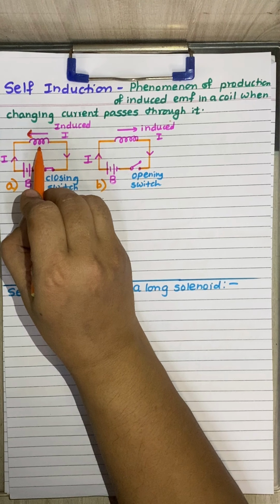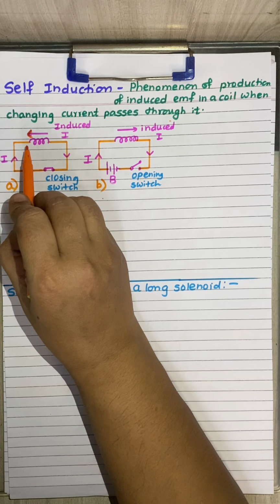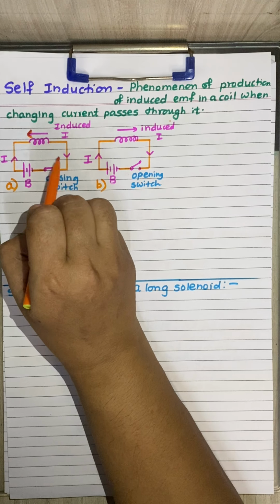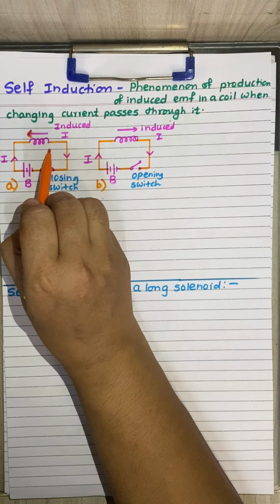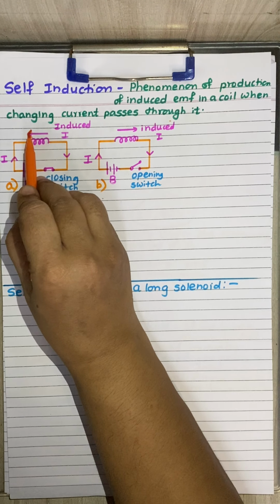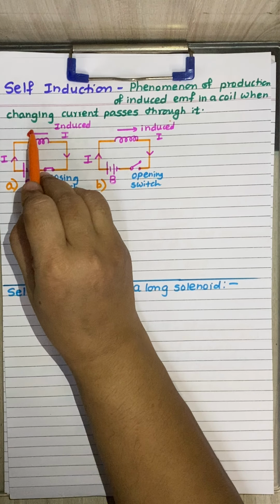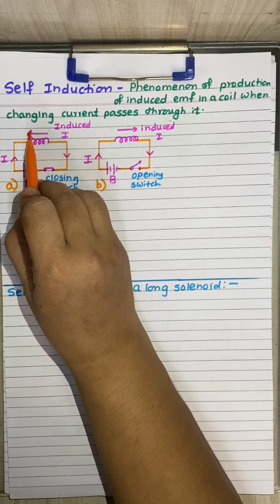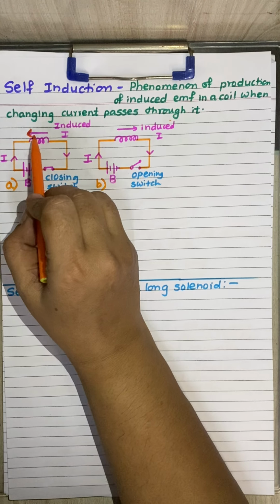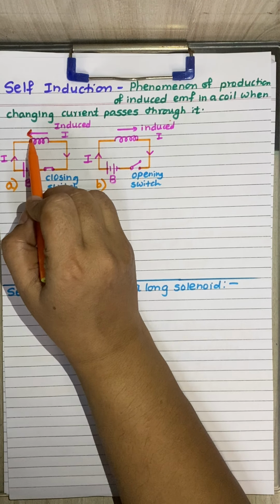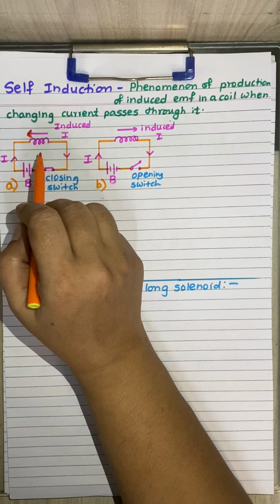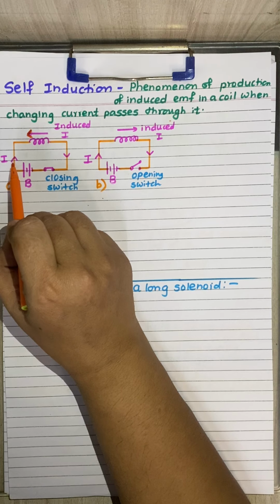The flux is increasing from 0 to maximum in this direction, so to oppose this change in the flux, the induced current flows in this manner. Therefore the induced current flows in the opposite direction to the battery current.